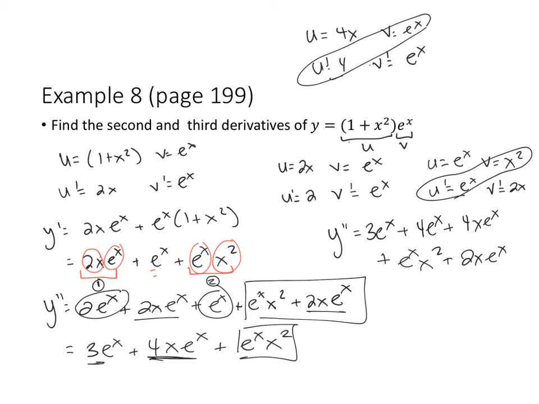So I'm just going to write that out a little bit neater, my y triple prime. Let's see, this piece can go with that piece, and here can go together. So it looks like 7 e to the x plus 6x e to the x plus e to the x squared.